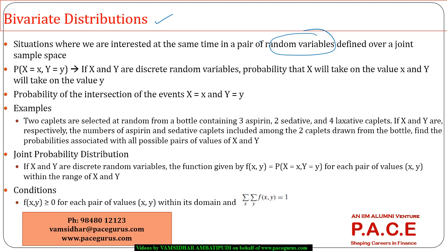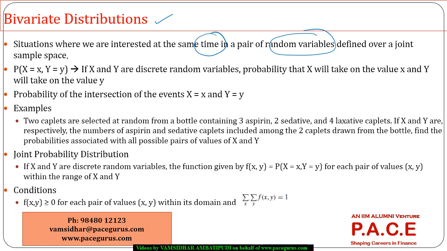So this kind of scenario is what we are calling a bivariate distribution. We are always looking at them as a pair rather than their individual occurrences.